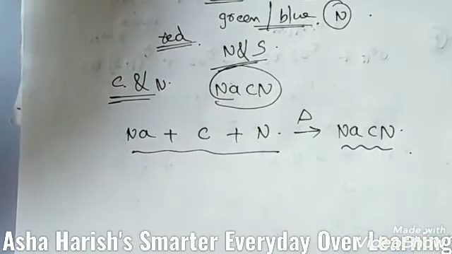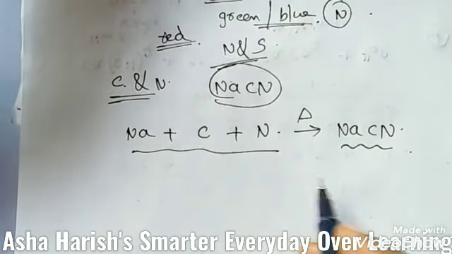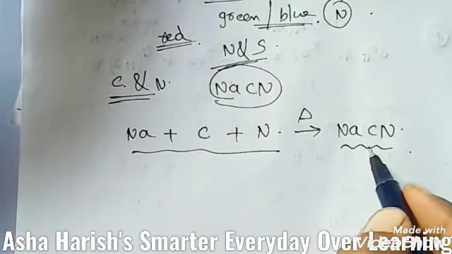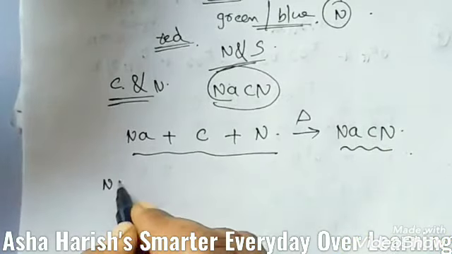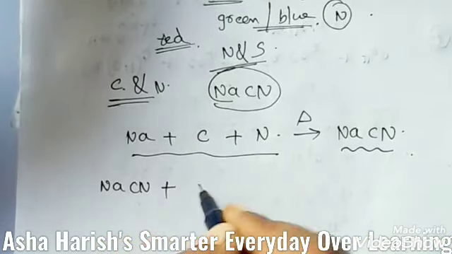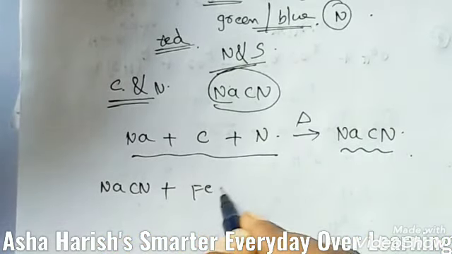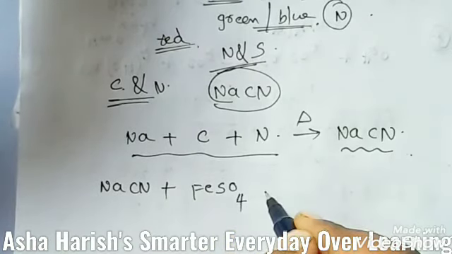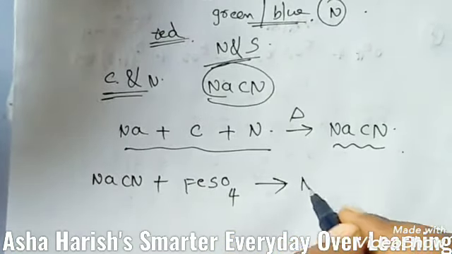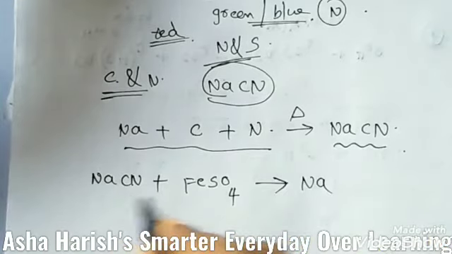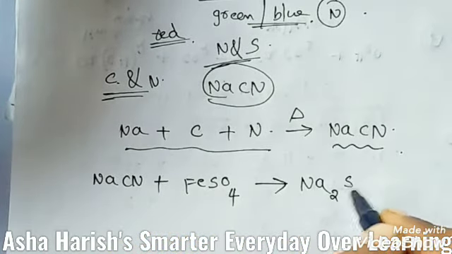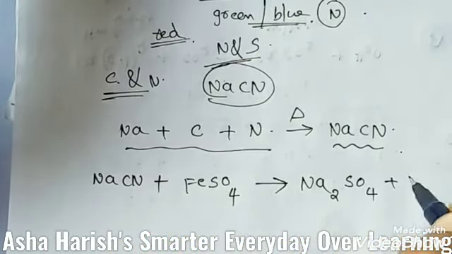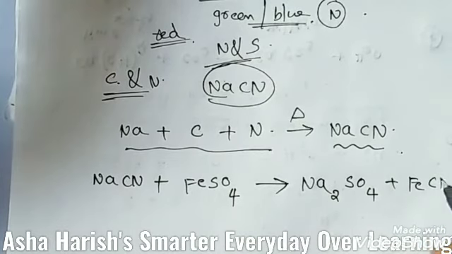On heating the filtrate with ferrous sulfate, FeSO4, sodium cyanide gives sodium sulfate, Na2SO4, plus iron cyanide, Fe(CN)2.